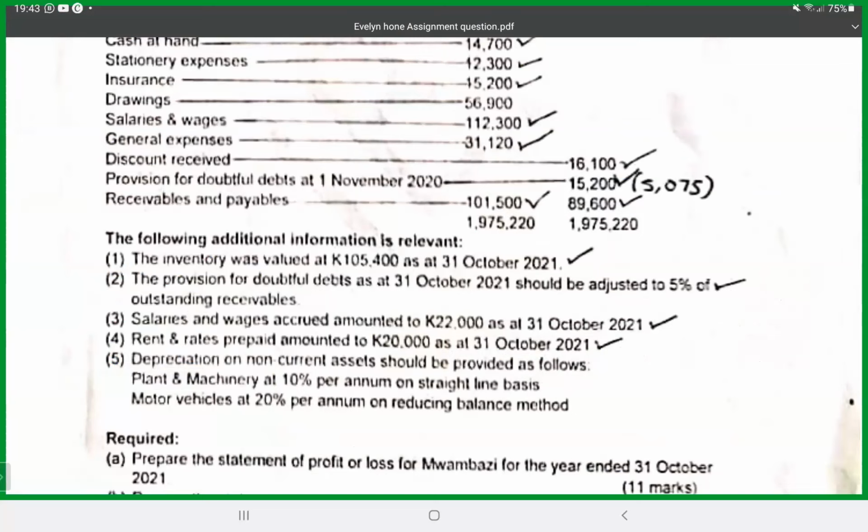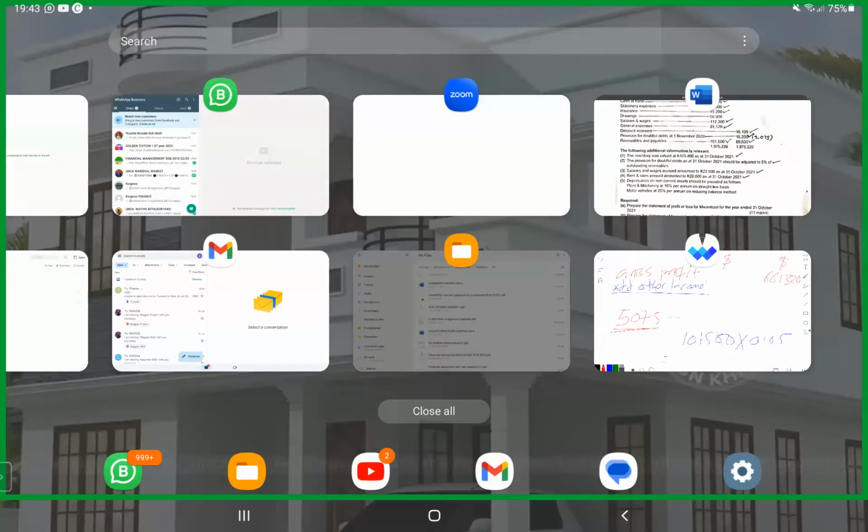People are able to see that, right? Yes, it's the last one. So that is the provision for doubtful debt at the beginning of the period. So we have to subtract this amount, 15,200, from this amount.